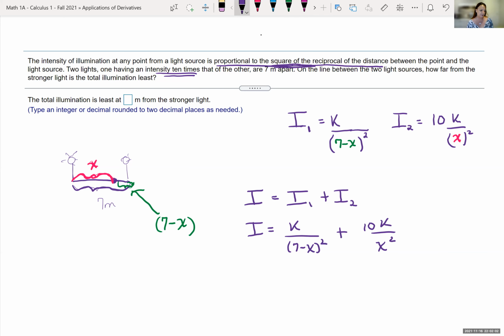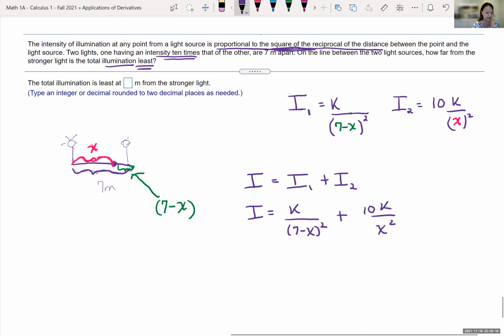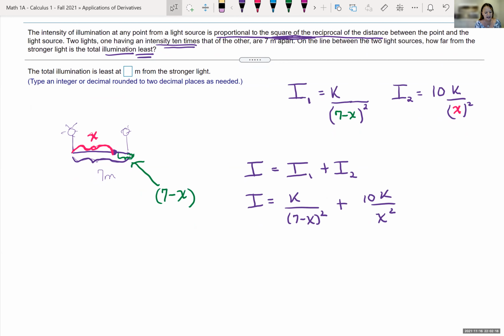Okay, so we're trying to minimize this. We're trying to find the least illumination, so we need X, the point on that line between the two lights. I know I'm going to have to take the derivative of this and figure out what my critical points are.